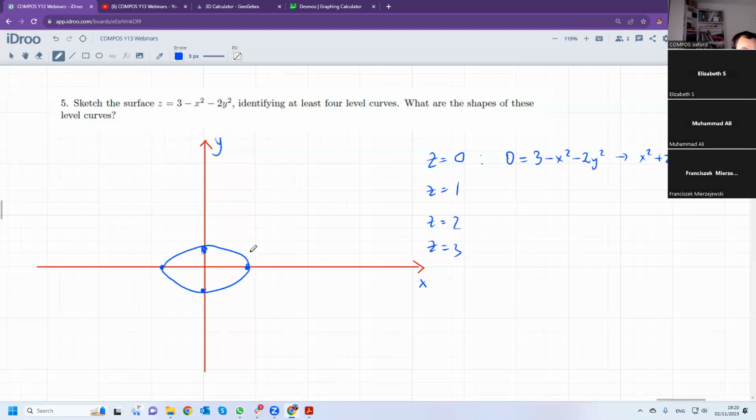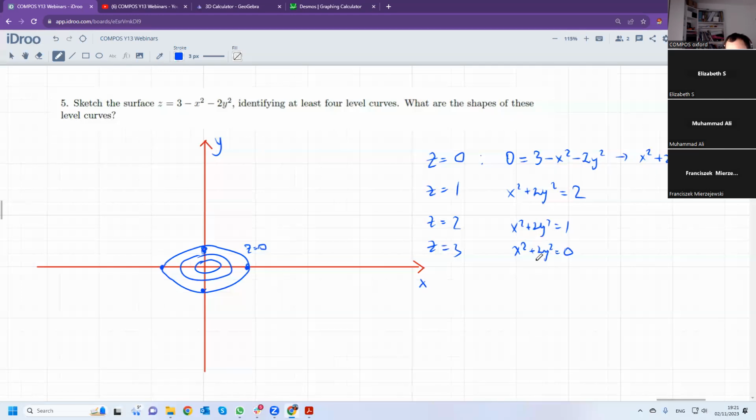This is the shape for z equals 0. Now z equals 1, so that will become x squared plus 2y squared equals 2. So it's going to be a smaller ellipse. For z equals 2, x squared plus 2y squared equals 1. It's an even smaller ellipse. And for z equals 3, it's x squared plus 2y squared equals 0.